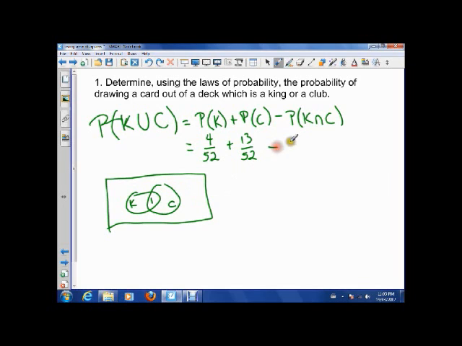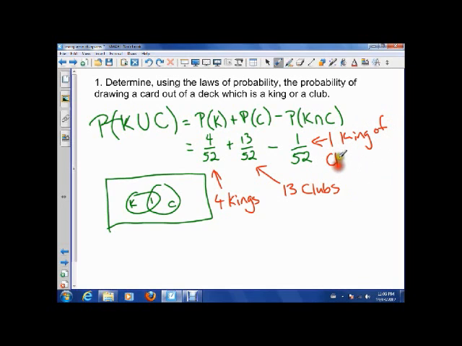So that means I have to subtract it once. Let's annotate what's going on here. This is 4 kings, this is 13 clubs, and this is the 1 king of clubs that we counted twice.